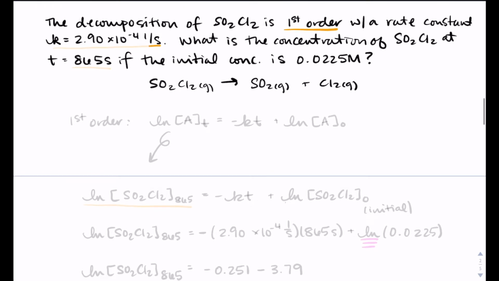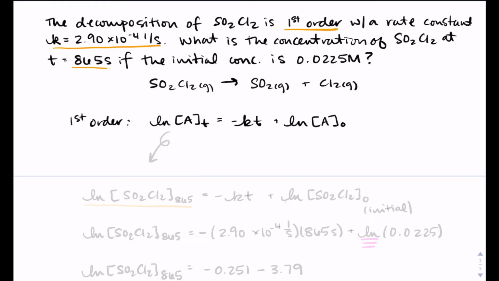So it puts everything together in one equation. This is first order, so I'm using the natural log of the concentration of A at time t equals negative kt plus the natural log of the concentration of A at time 0.